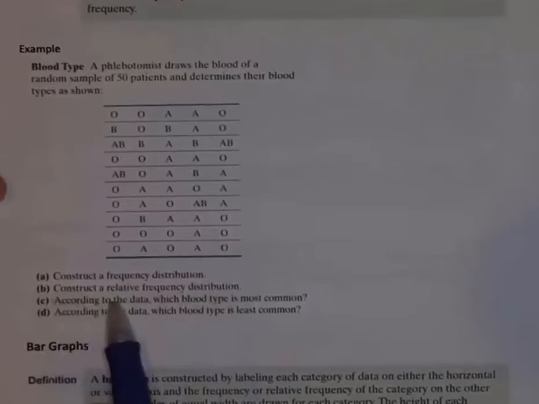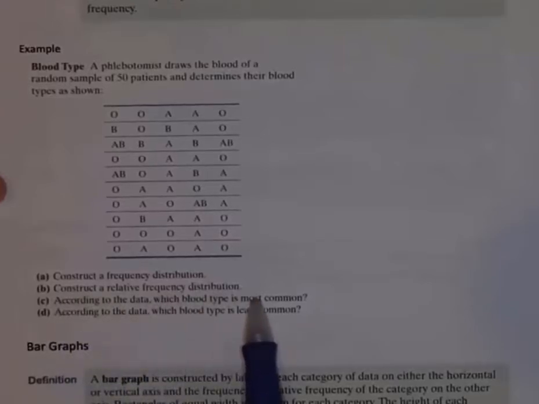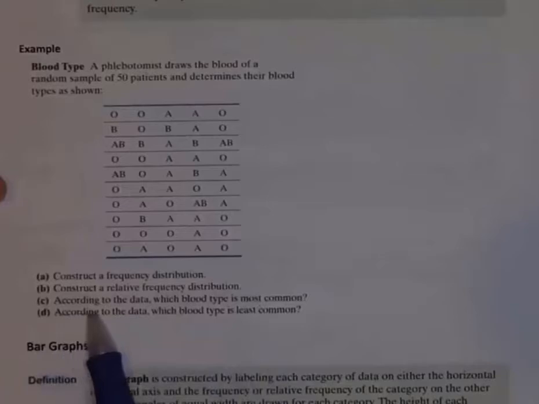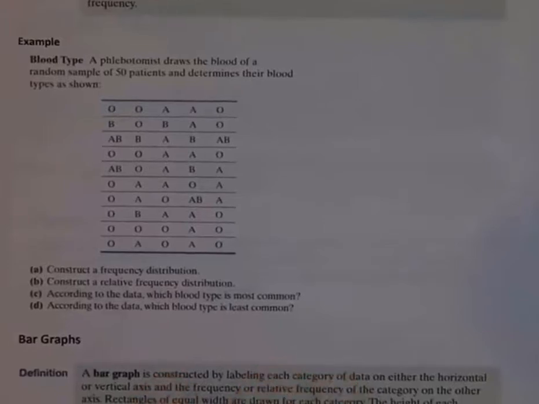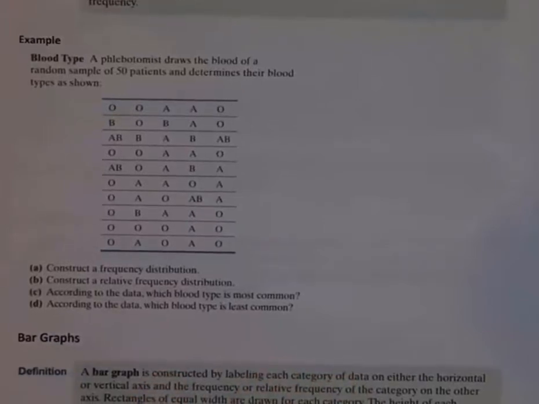Question B, construct a relative frequency distribution. Question C, according to the data, which blood type is most common? And question D, according to the data, which blood type is the least common? So we're going to organize this qualitative data into a frequency distribution and into a relative frequency distribution.